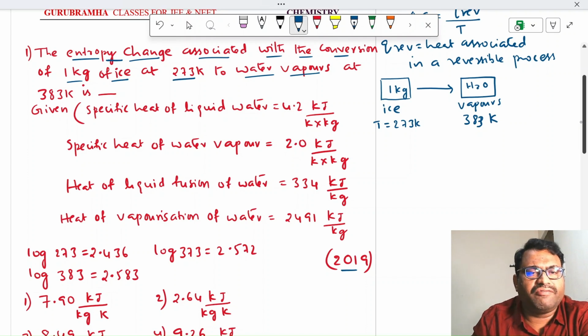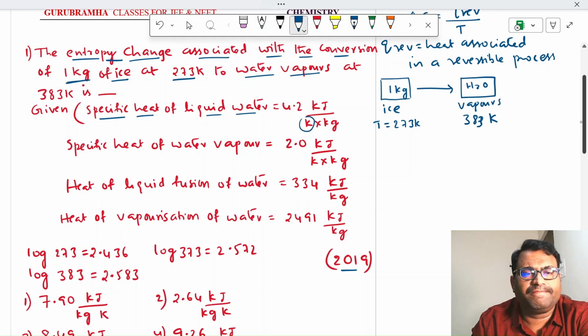These values are all given. Here, generally the number of moles will be given, but here you are given kg. Mass of the ice is given. And they gave specific heat in kilojoule. Specific heat of water is equal to 4.2 kilojoule per Kelvin per kg.